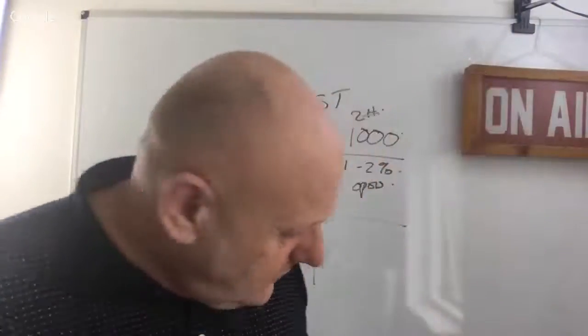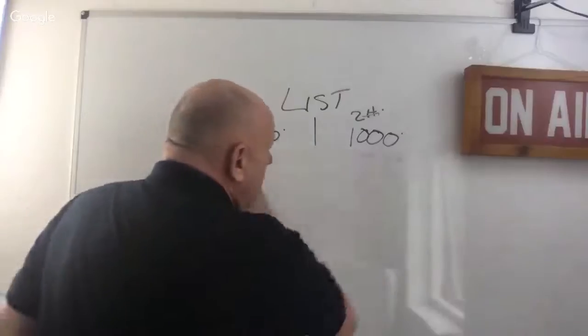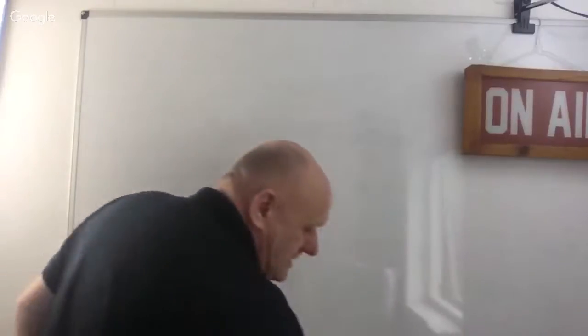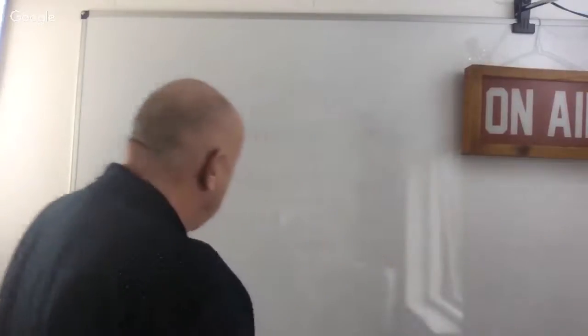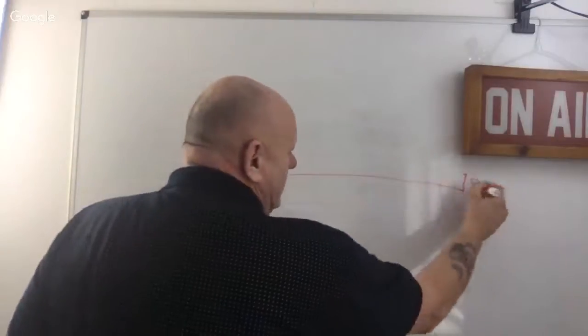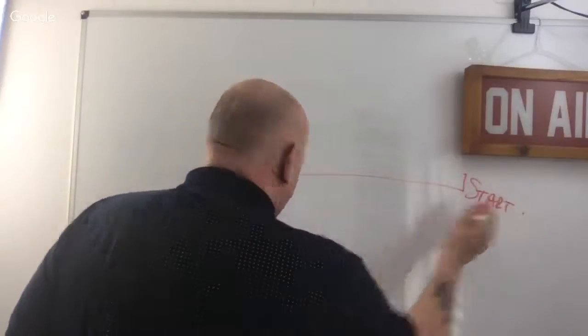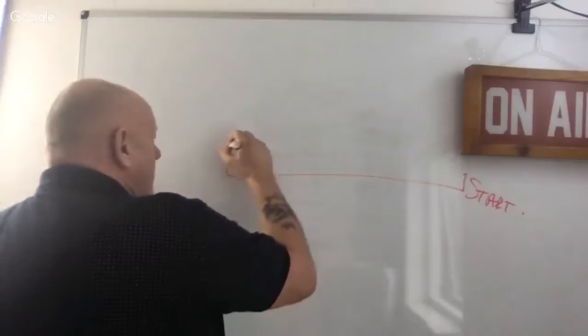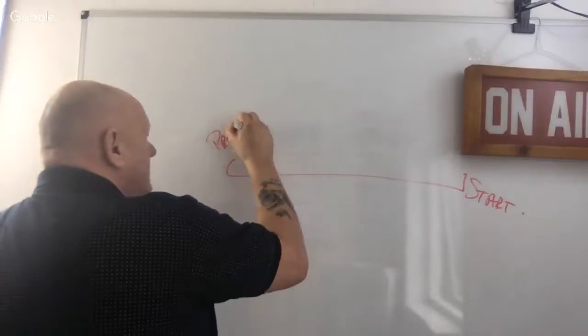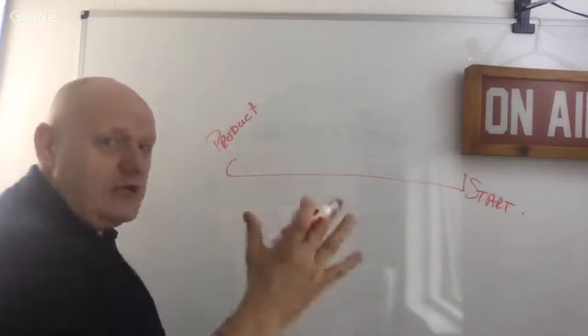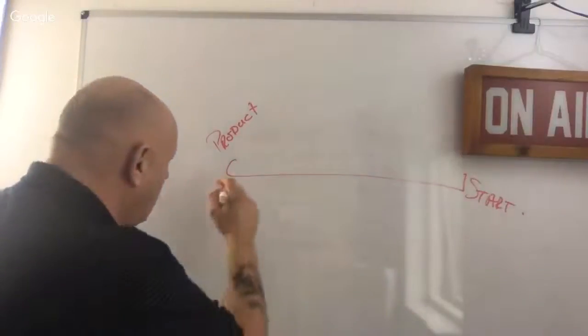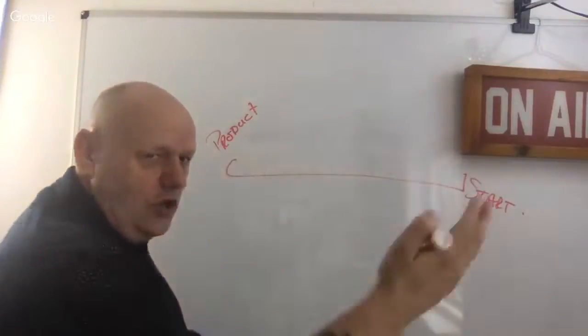Now, before I share my screen, what we've been covering is this campaign line. I call it, this is the start, where you actually go out and promote, and obviously you've got your product, okay? And I'm going to show you my complete campaign very soon, next week, that I'm going to be using, and you can copy it if you want to.